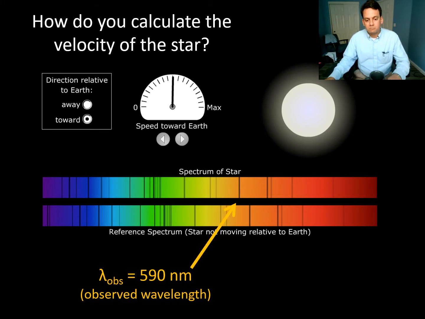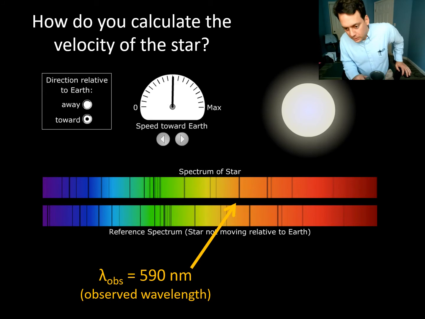So for example, there's this hypothetical star that we're analyzing, and we say, aha, I see a missing line here at 590 nanometers. So this is the observed wavelength of an absorption line in the star's spectrum.